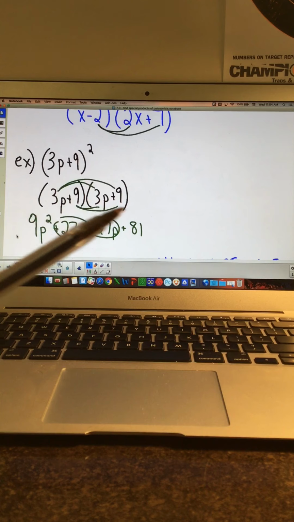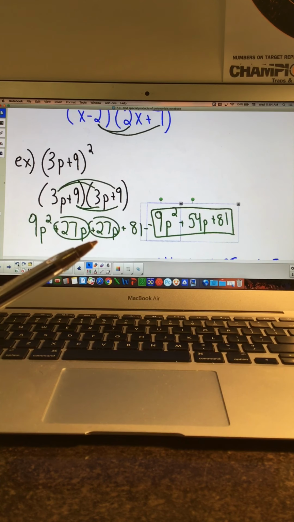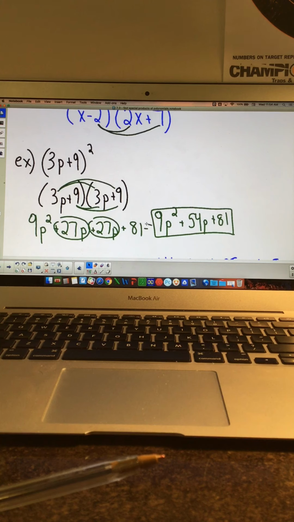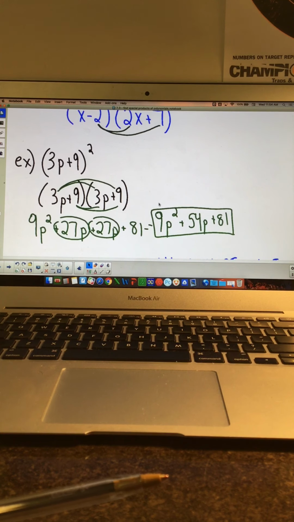I want to see these steps, and I want to make sure that you fully simplify. Don't forget, multiply, simplify. We can combine like terms here. The p's will go together, and we should get 9p squared plus 54p plus 81.